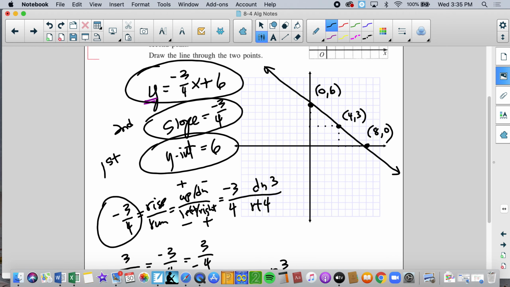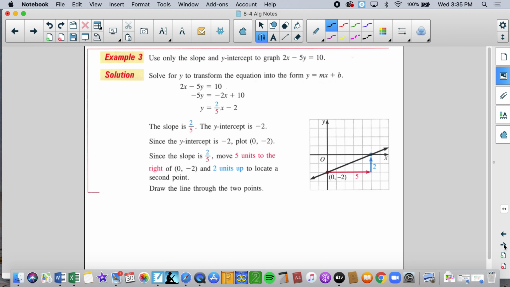So if we go back to the original, up 3, 1, 2, 3, left 4, 1, 2, 3, 4, you notice we're still on the line. So it doesn't matter which one you choose for your slope. So use only slope-intercept form.